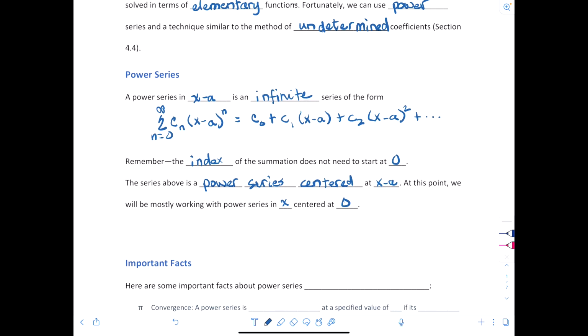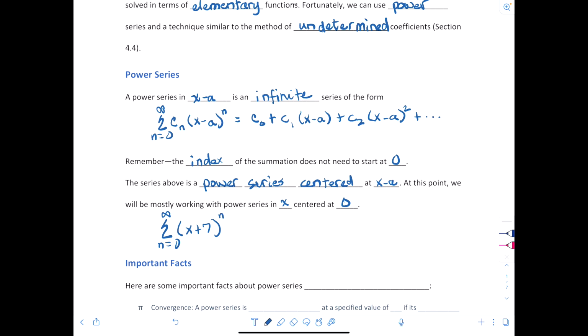All right, so something that would be centered at, let's just say we had the series from n is 0 to infinity of x plus 7 to the n, right?